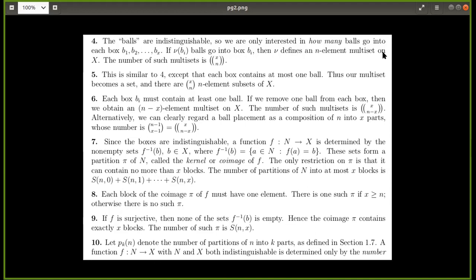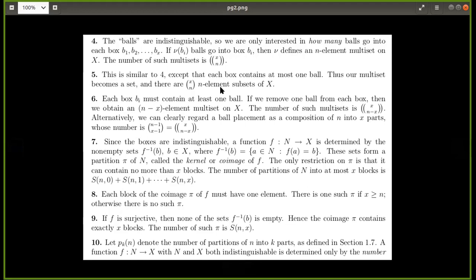And then how many such multisets are there? X multi-choose n. You just have to take something from X and assign it to your element of n.